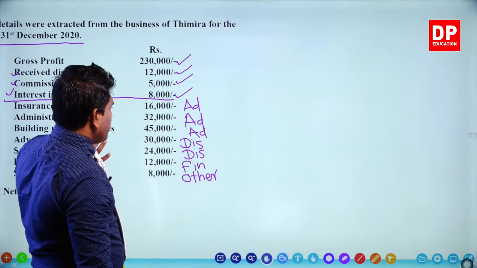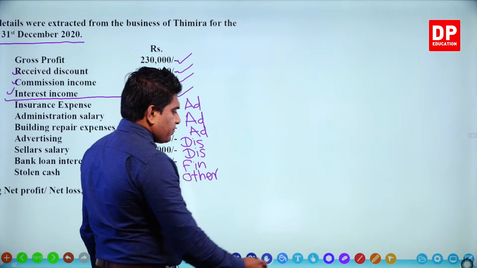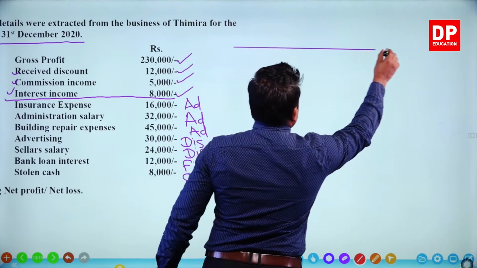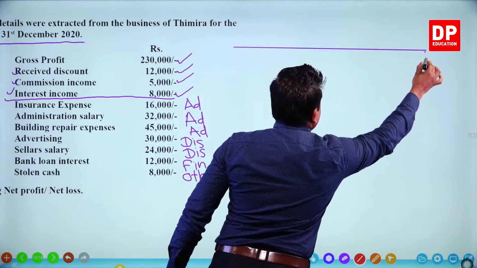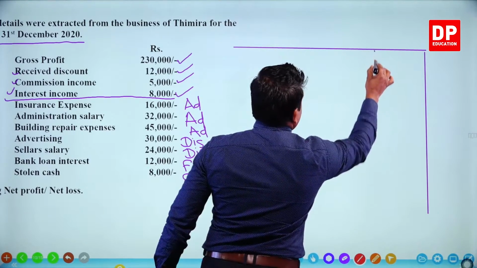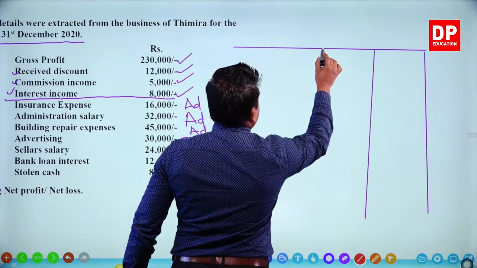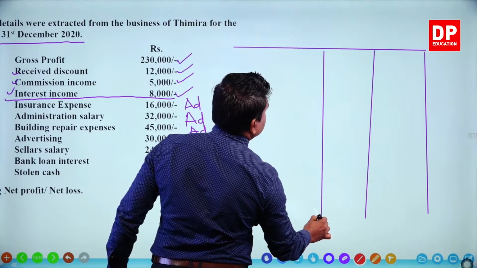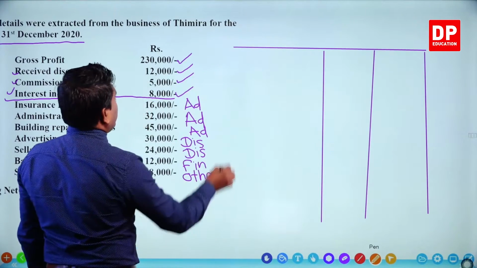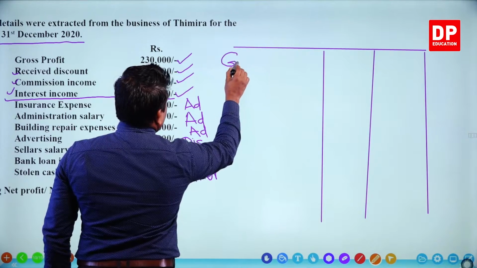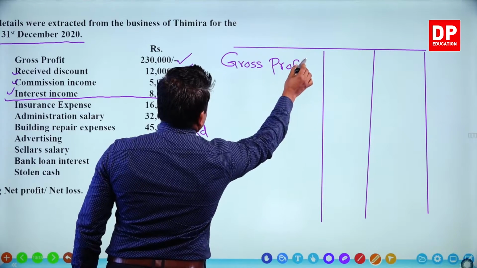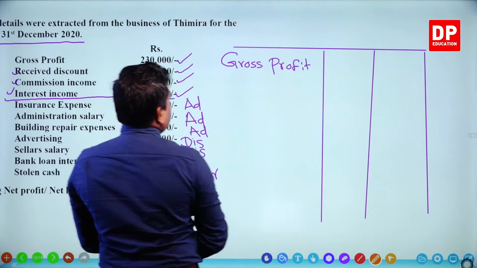Right? Now here I can do the question. It's better if you draw some lines. Right? Now, on the top, what do we write? Gross profit. How much? Gross profit, they have given 230,000.